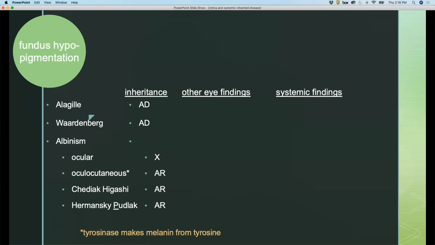I know that Alagille usually has really bad liver problems. Yes, usually these people are jaundiced, and they're trying to figure out why. Have you ever seen posterior embryotoxin on these consults?